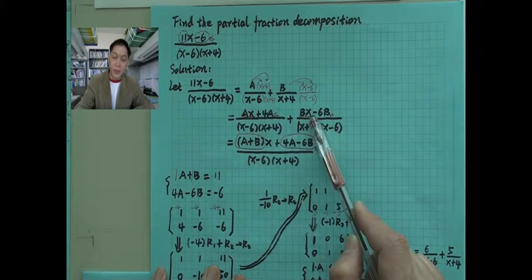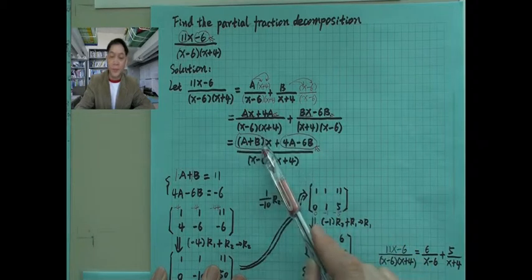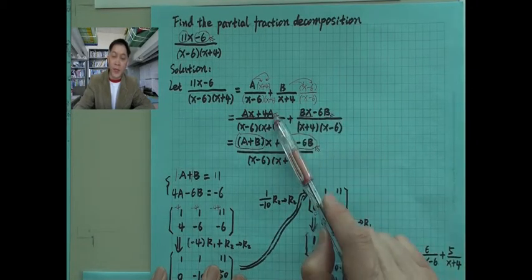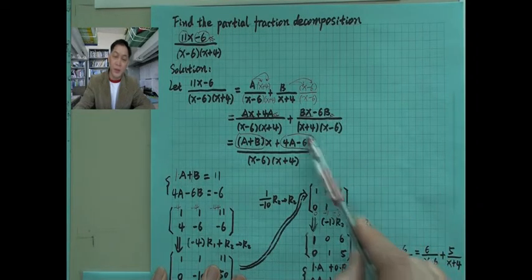Ax plus Bx, we pull x out, that's (A + B) x. And then 4A goes with negative 6B.